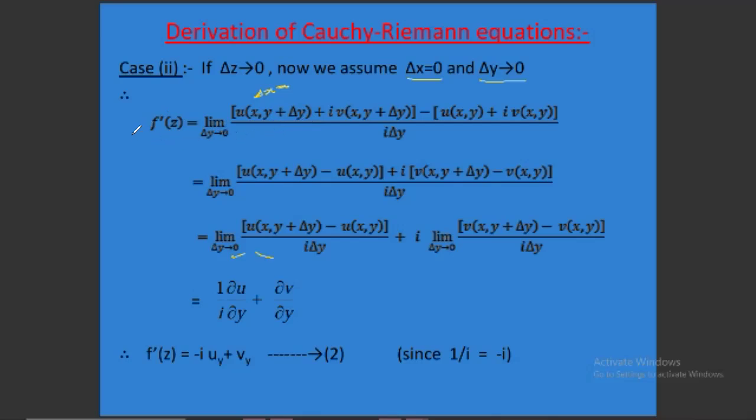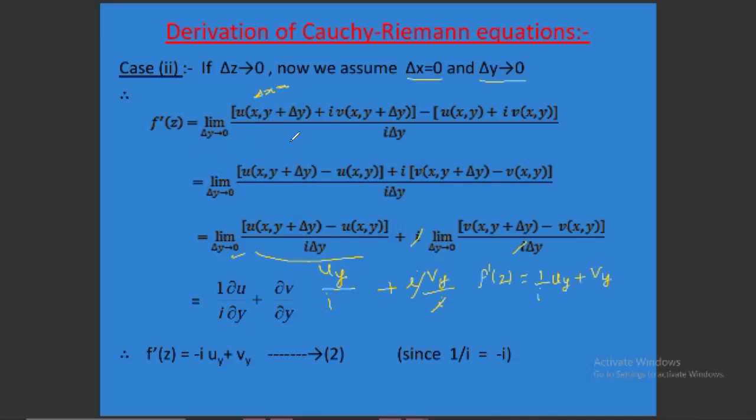So this is nothing but 1 by i times u with respect to y, divided by i, plus i times v with respect to y, where the i gets cancelled. So f dash of z is equal to 1 by i times uy plus vy.